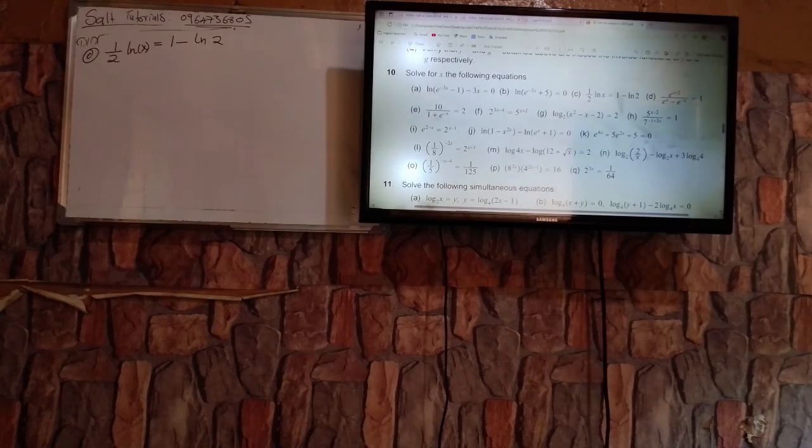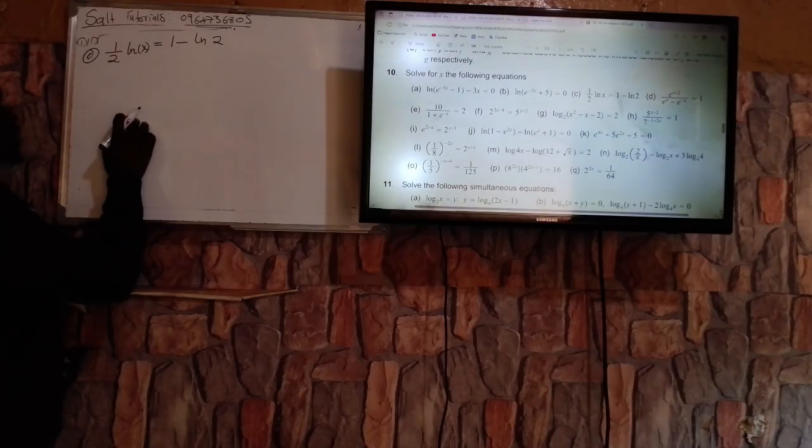So now, we have two logs there. First thing, if you have two logs there, simplify it to be of one log. That's the first concept. So once we simplify it to be on one log, we'll be able to solve other things.